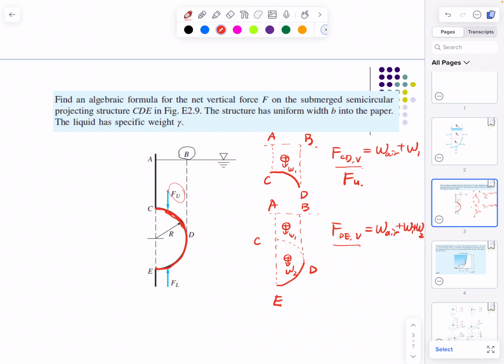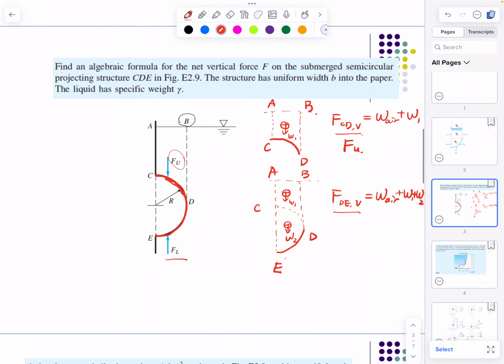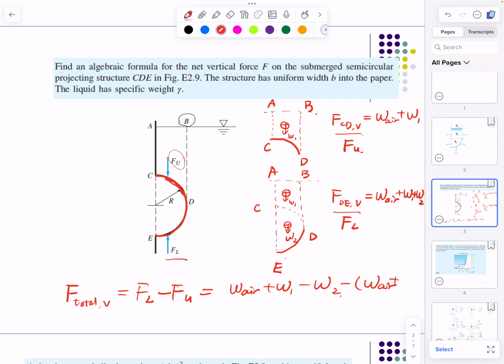And for F_DE, the force that works on DE vertically, in this figure it is shown as F_L, right? And F total vertically should equal F_L minus F_U. So it equals W_air plus W1 plus W2 minus W_air plus W1.